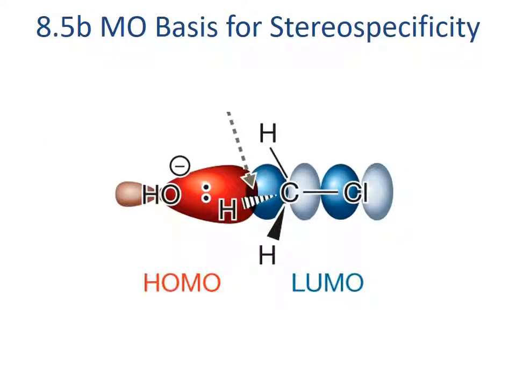There are a couple of ways to explain that stereospecificity, one of which we've already talked about. For the HOMO, the highest occupied molecular orbital of a nucleophile, to interact with the lowest unoccupied molecular orbital of the carbon leaving group bond, it needs to be coming from the opposite side. So we know that we're going to get an inversion of that stereochemistry.